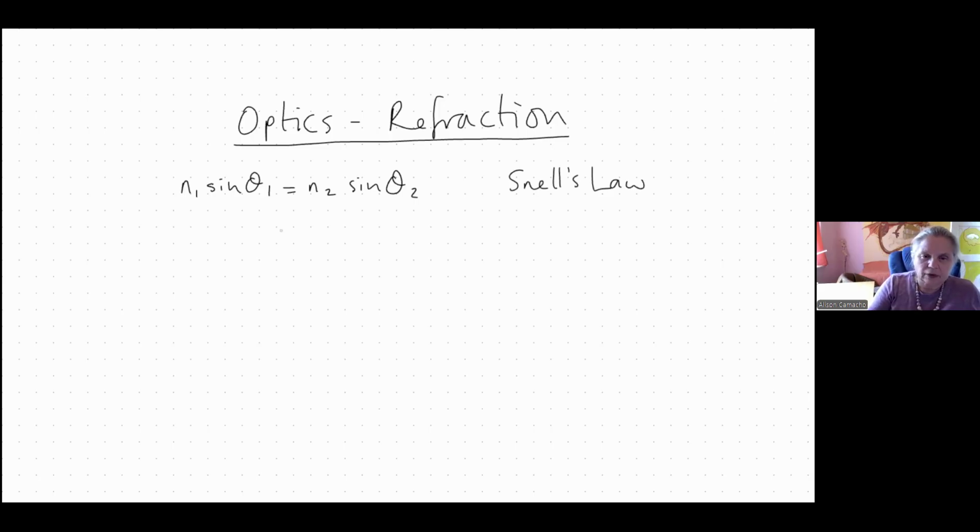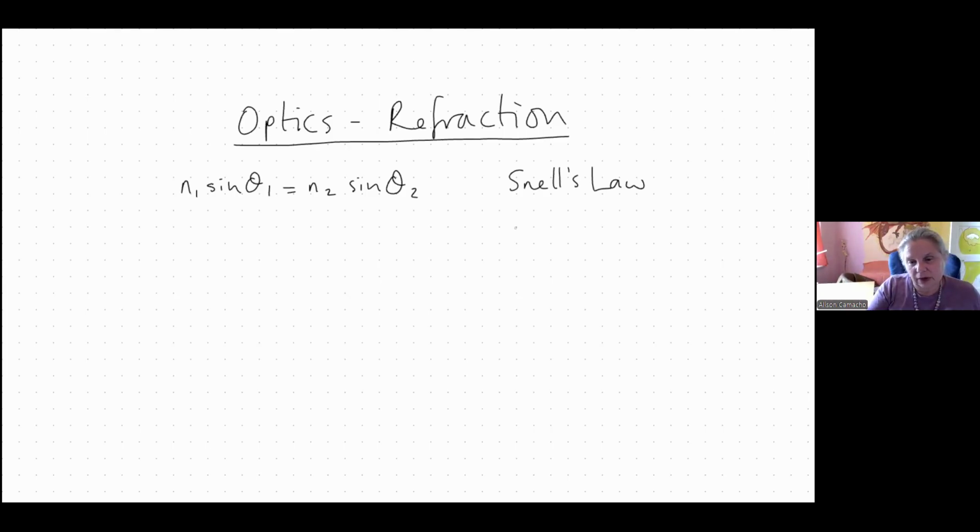The numbers in this law refer to the material. N1 is the refractive index of material 1 compared to a vacuum, and N2 is the refractive index of material 2 compared to a vacuum.